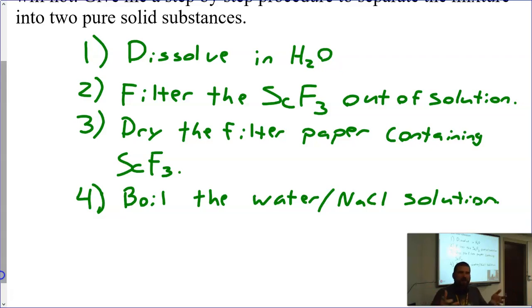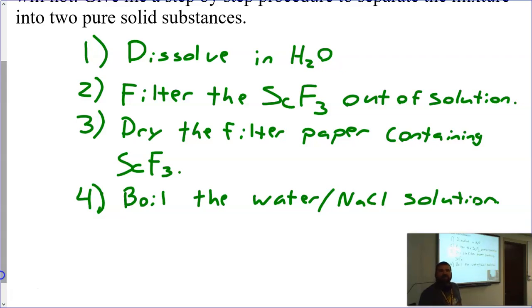If you take salt water and put it on a stove and boil it, when the water boils completely away, is the salt still there, or did the salt go with it? It's still there. The salt will not change phase. The water will leave, the salt will be left behind. So this is what we want to do to get the NaCl powder back. So we boil this water until it's completely gone, and then we have nothing but NaCl left over.